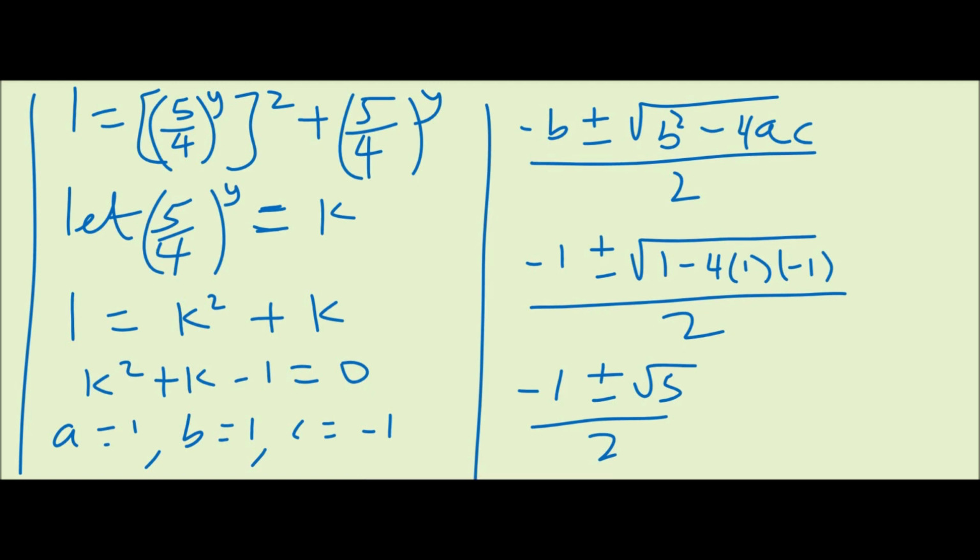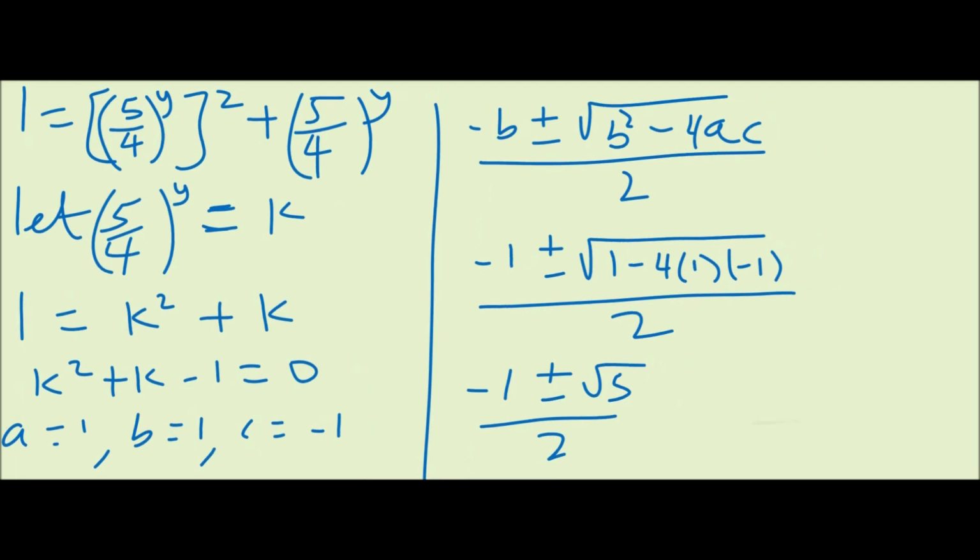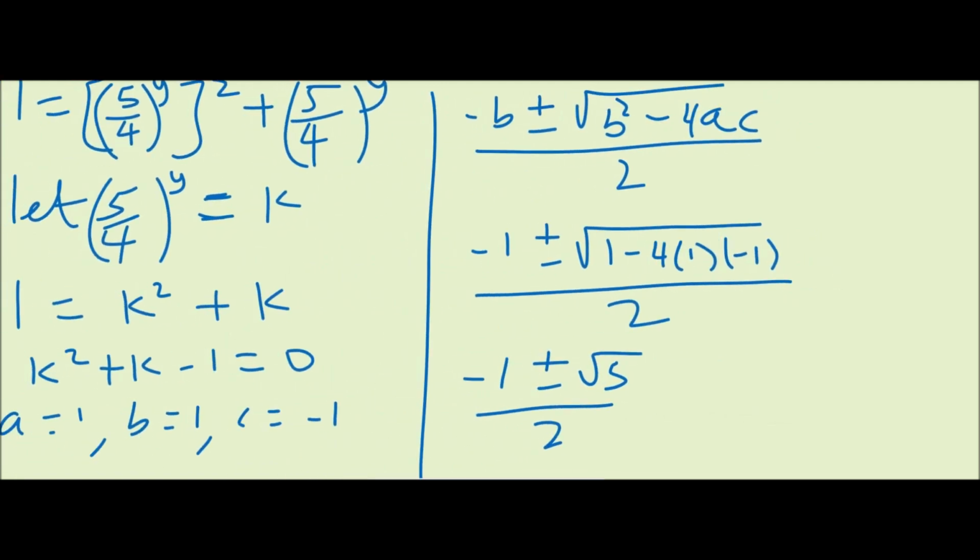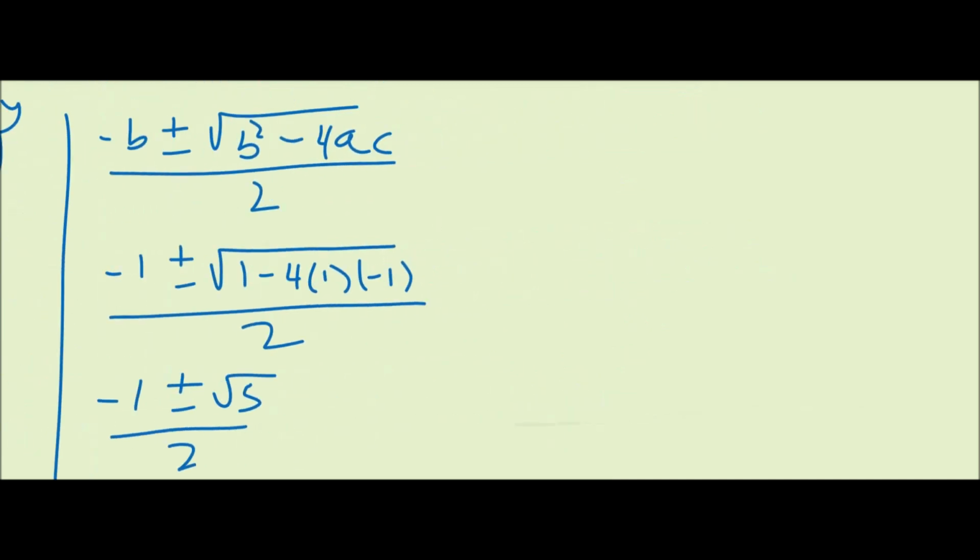Don't forget the question did not ask me about k. The question asked about y and x. Now since I've gotten k and I represented k with an exponential form to the power of y, from there I can get my y. Don't forget you're not supposed to press your calculator for this part. The question requires you to give your answer in exact form.